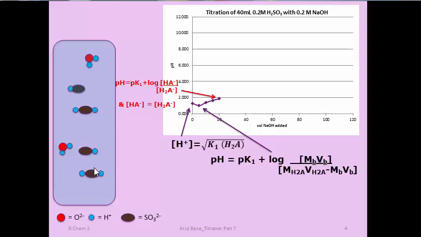Just consider it as if the single deprotonation is a weak acid going in solution. So the amount of base that's been added is what created all the conjugate base. The amount of acid that's remaining is what goes on the bottom. You start with the full amount of acid you started with minus the amount that was neutralized. Plug and chug, and you can have the pH at any time in the solution.